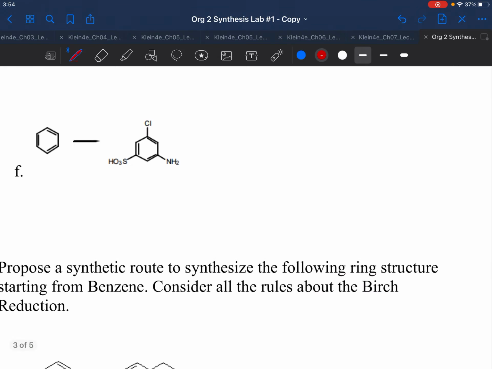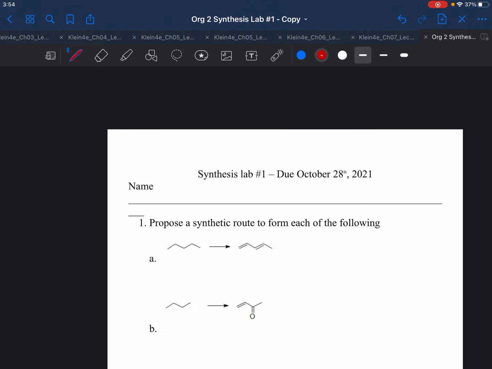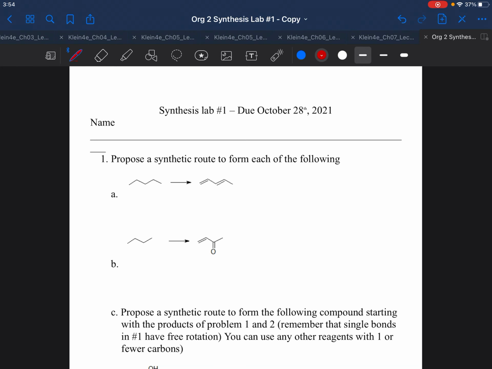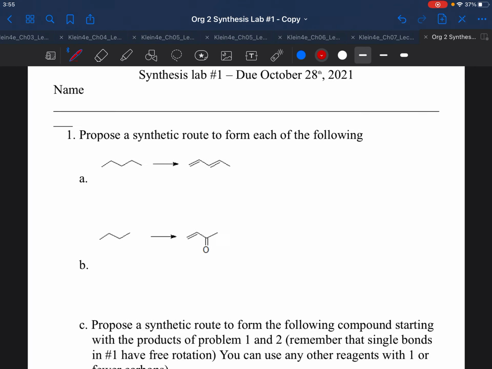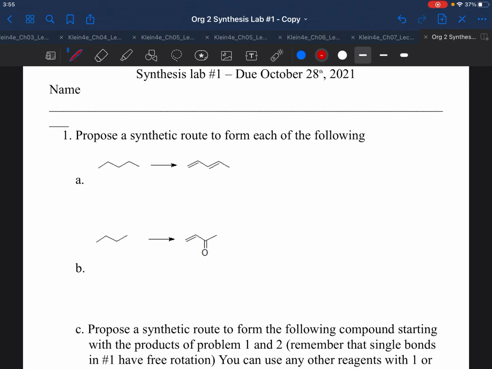Okay, so I want to start with 1A. Something you're going to notice in 1A, there's no aromatic compound here. We're just going from an alkane to a diene. So you're going to have to utilize Organic 1 reactions. Organic builds on itself. You can't only focus on new material.